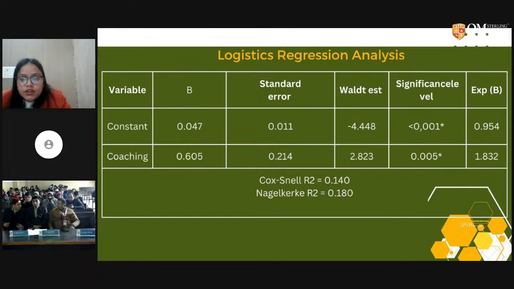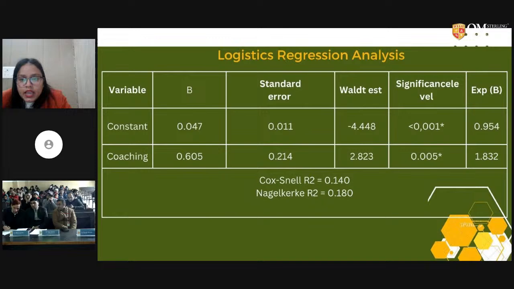Now, the logistic regression results will look like this. I've only taken one dependent variable and one independent variable. We have taken the concept of coaching. Now, in this particular concept, two things will be different. The Wald test, like in multiple regression where the T test was used.